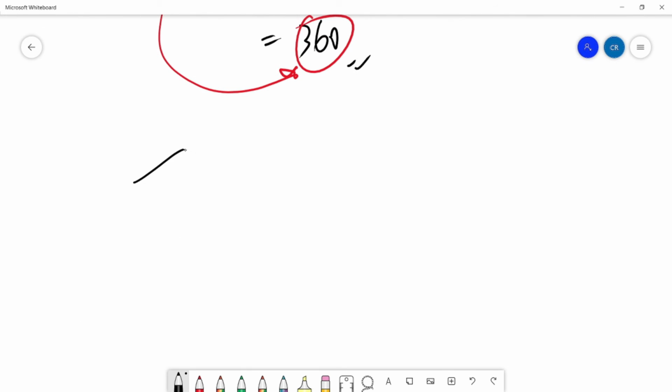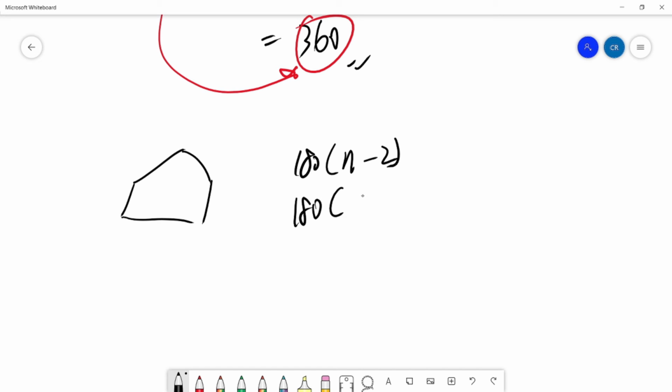How about a pentagon, which has 5 sides. We can just use the rule again: 180 times n minus 2. How many sides are there? There are 5, so 5 minus 2, and that is 180 times 3. We can split it into 3 triangles. That's why it's 3.